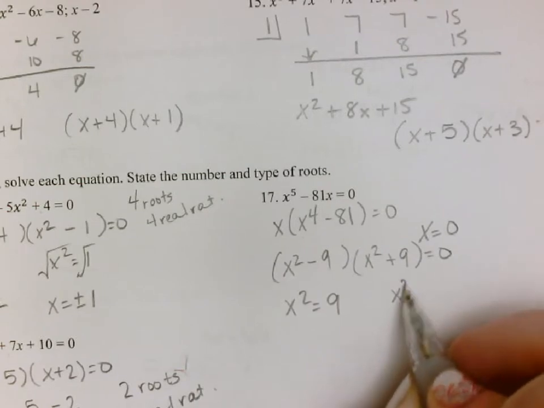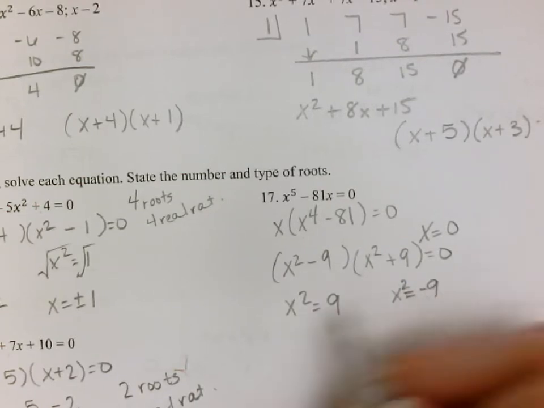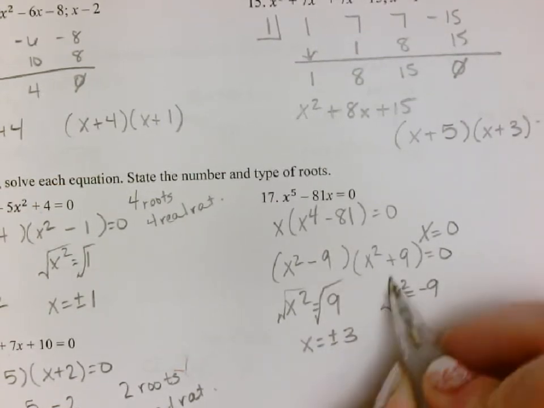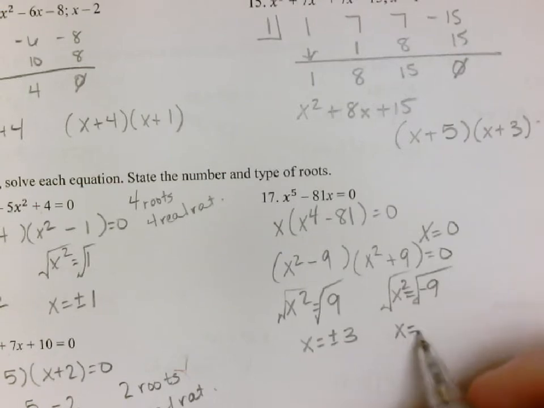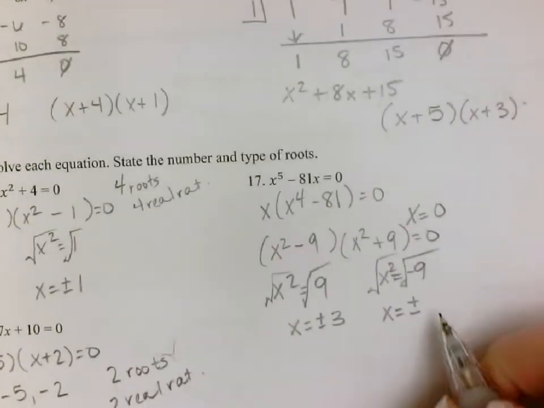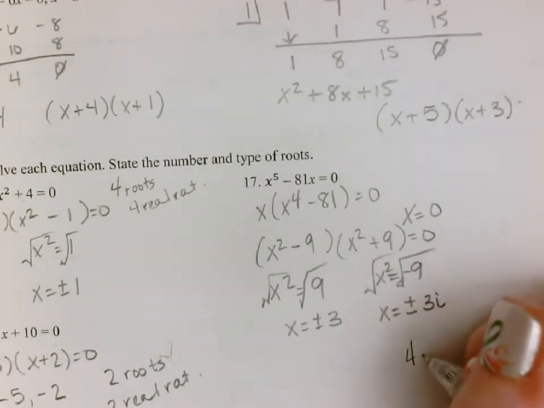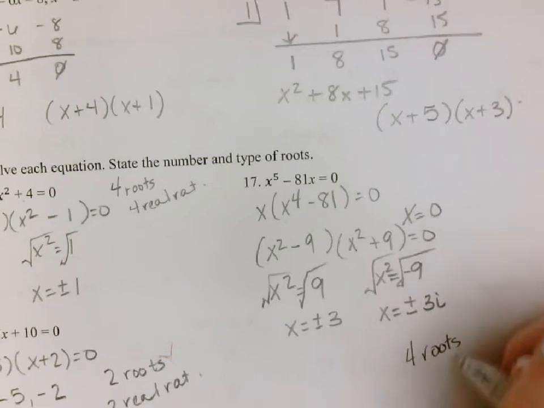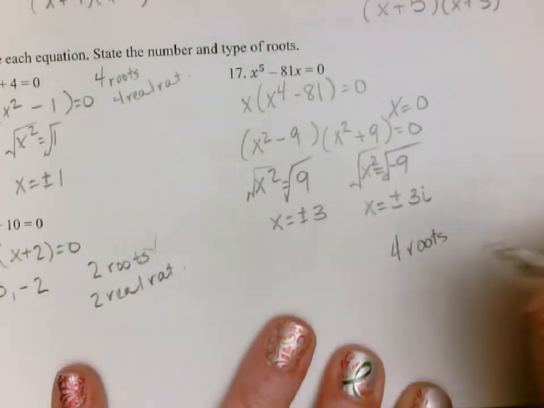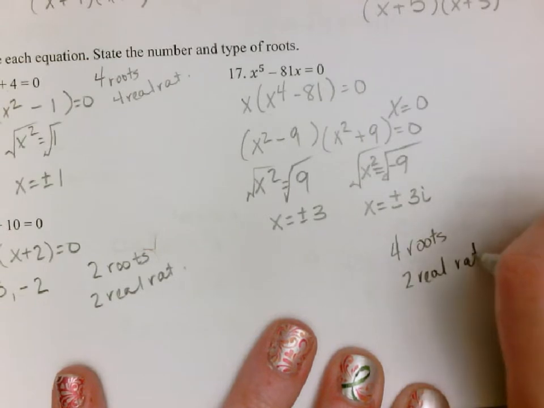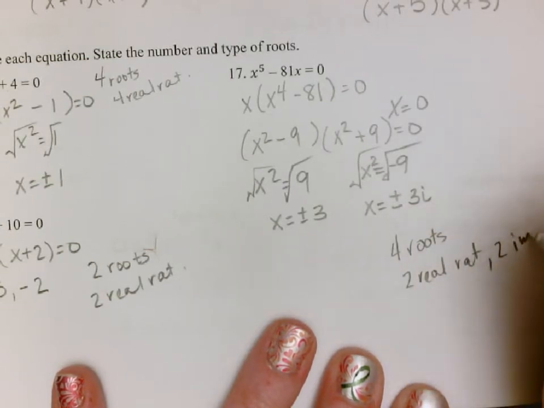X squared equals negative 9. Square root. X equals plus or minus 3. Square root. X equals plus or minus the square root of negative 9. So 3i. You have 4 roots. 2 real rational. 2 imaginary.